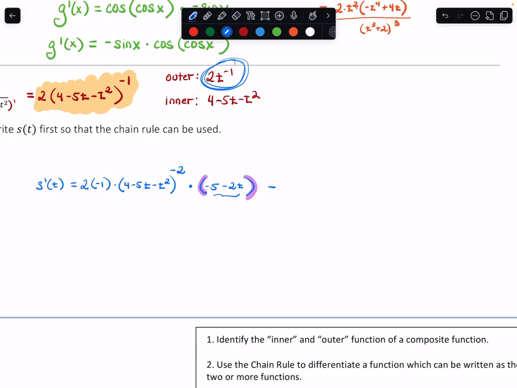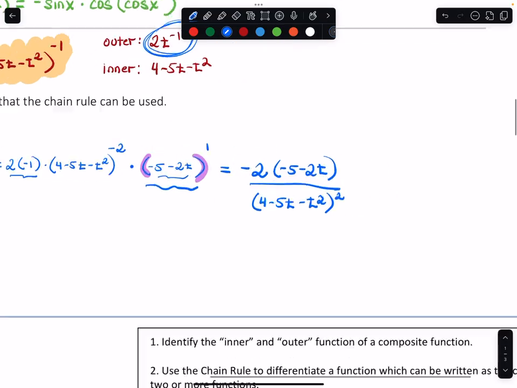So let's clean this up a little carefully. So this would be minus 2. Then, this is like to the first, right? So I'm just leaving this here as is for the moment. This, I'm going to bring it down into the denominator to make the exponent positive. So 4 minus 5t minus t squared, and to the second, of course, whoopsie.